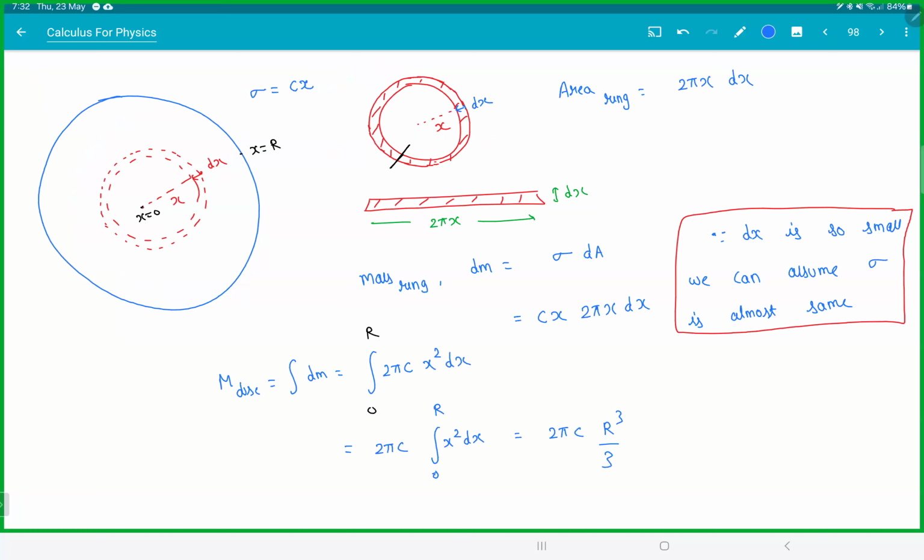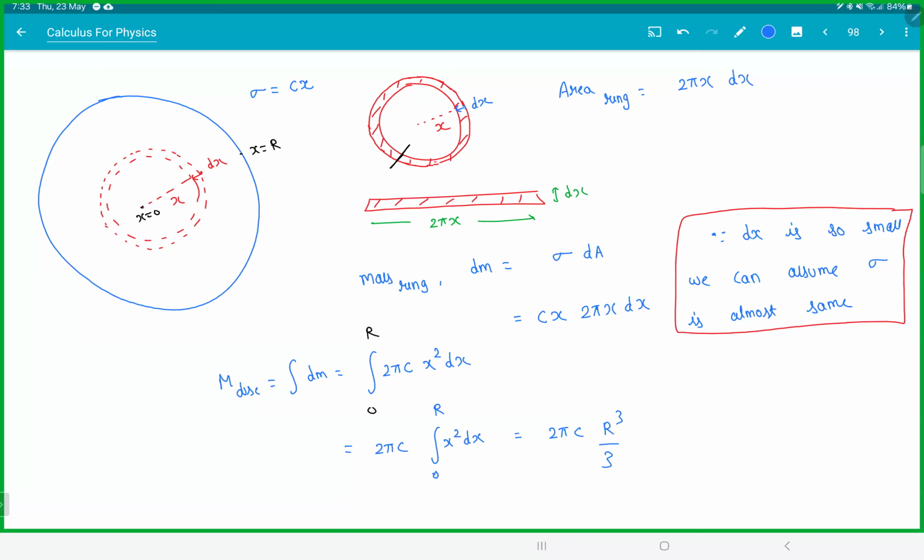Others? 68 pi by 3, 23 pi by 3. None of you are matching. 30 seconds more, then I'll show you. 68 pi by 3. We have two 68 pi by 3s.